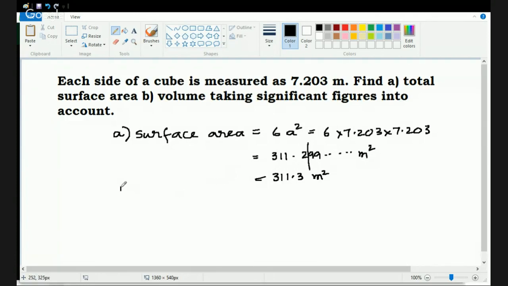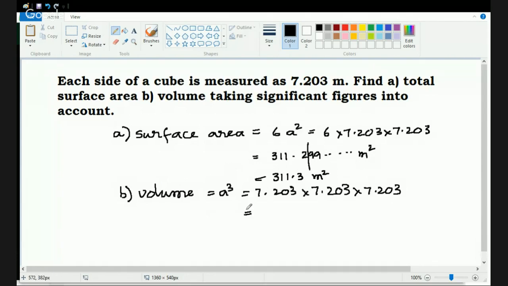Okay. Then look at that B part. It is volume. Once again, volume we know is a cube for a cube. So 7.203 into 7.203 into 7.203, there is no way out.